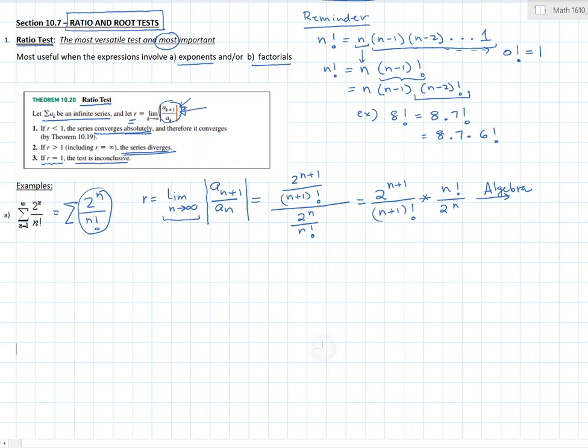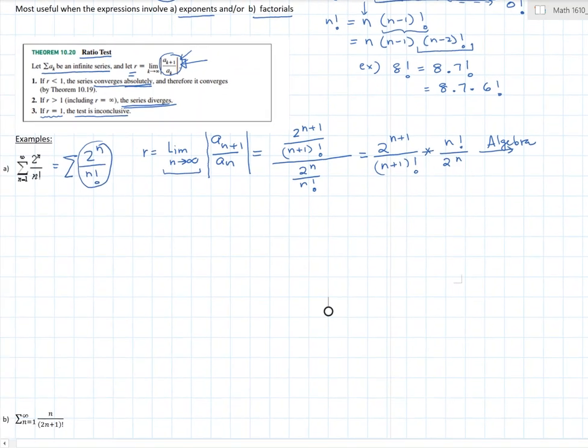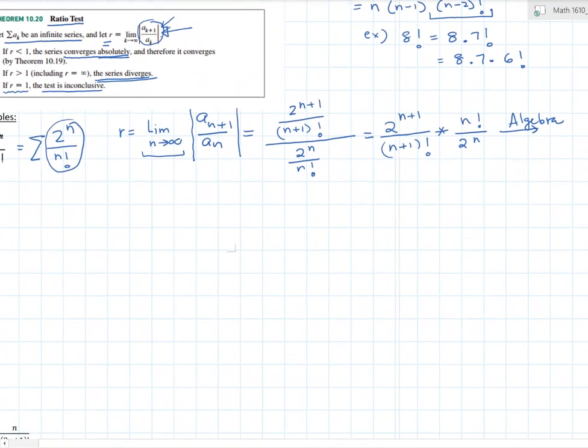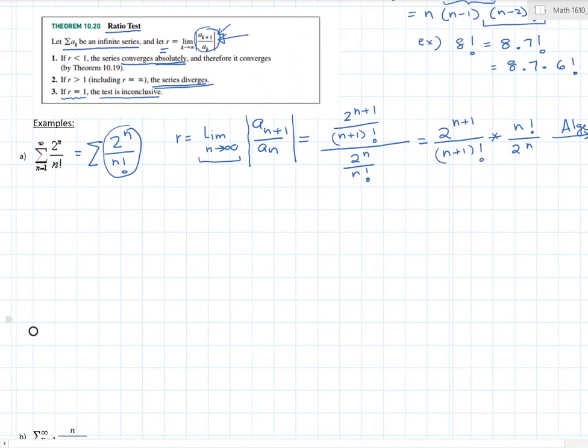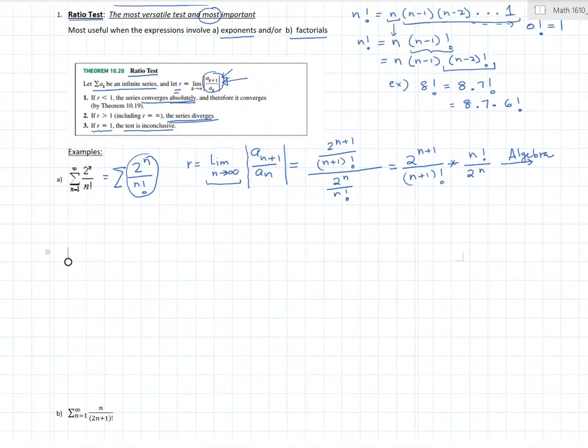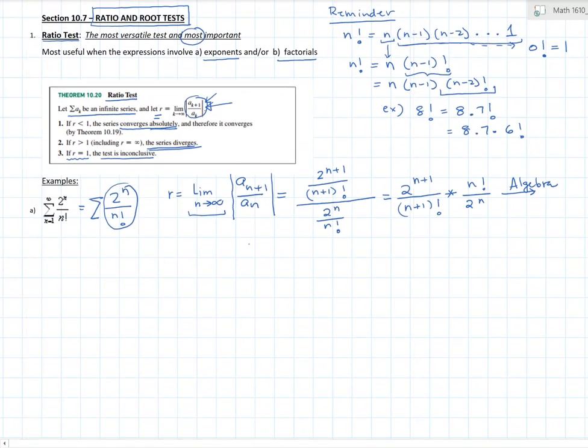So we get 2 times 2 raised to the power n, so that is this guy split up, divided by n plus 1 factorial, which can be written as n plus 1 times n factorial.